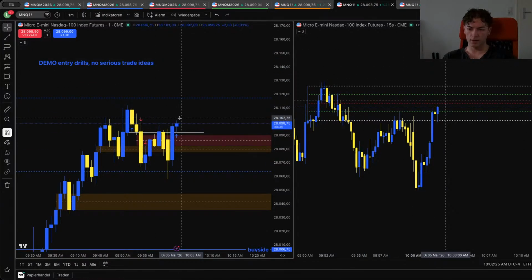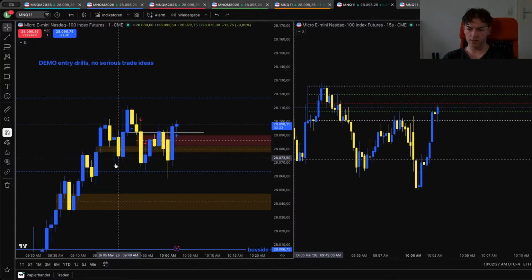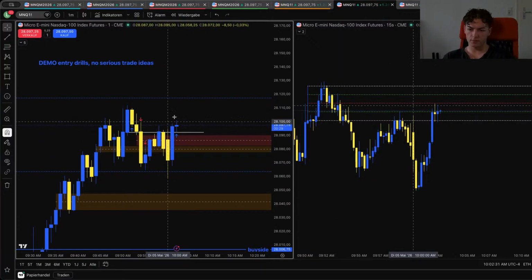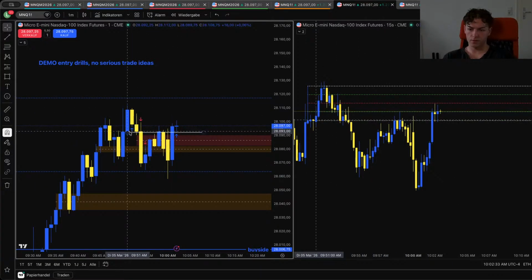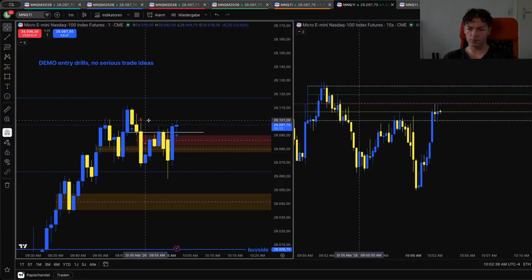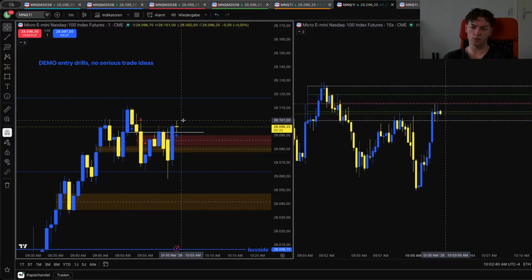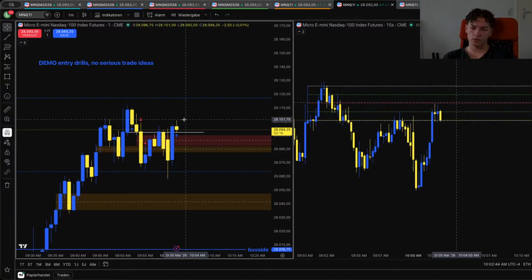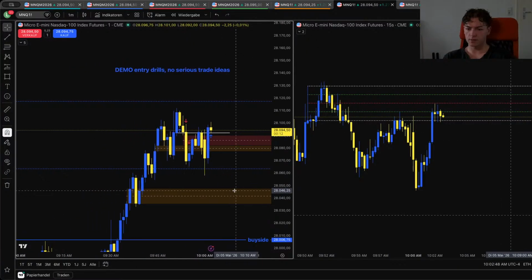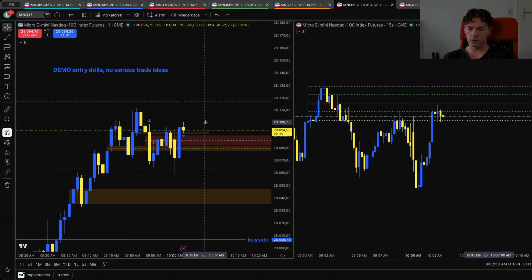So the reason why I closed it is because we've taken out sell side, with a huge reaction to the buy side, trading above this order block's open level. We still have the mean threshold that could hold price lower, but we are at all-time high, so price rather wants to go higher.